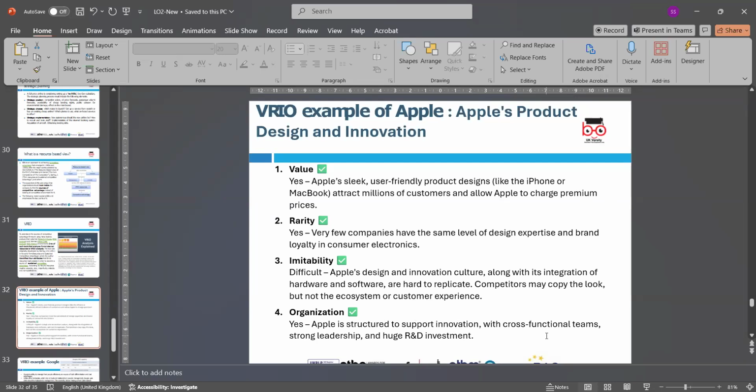They have designed a working environment where people from different departments work together. This is called a cross-functional team, working from the management side, marketing side, sales side, production side, design side. Every person is working in the same team, so they are contributing to innovative ideas.